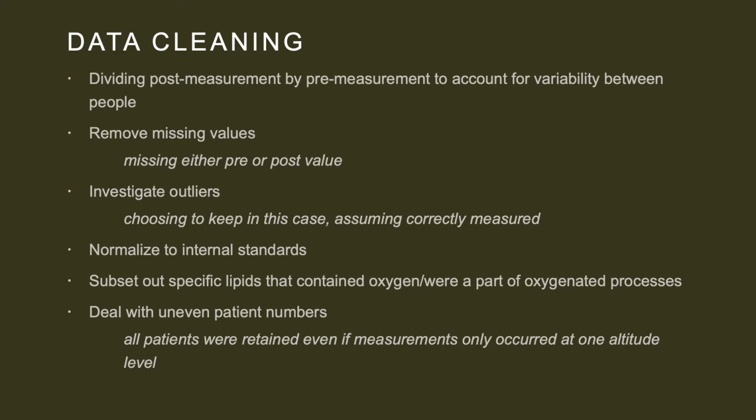Additionally, there were a decent amount of outliers in this data set. So I looked at those to make sure there wasn't a mistake made in writing down the value, or a mistake in data transfer, anything like that. But I did not choose to remove any of the outliers due to this being a small sample size.